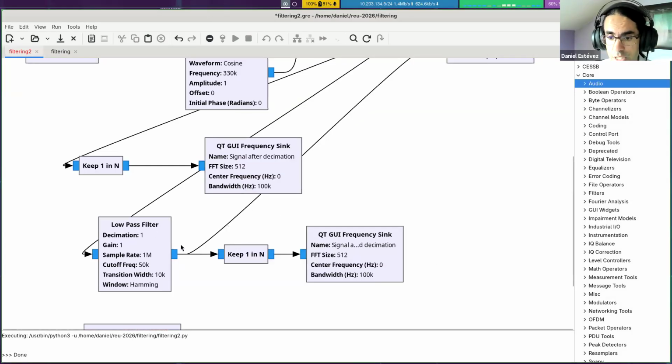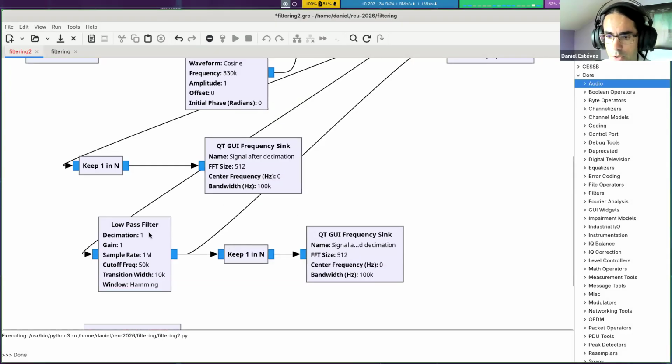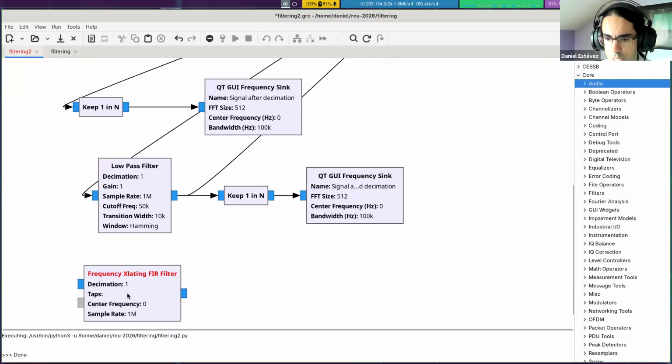It is just silly to compute 10 samples here to only keep 1 of them and discard the remaining 9. So that's the reason, besides practicality, that there is a decimation parameter in this low-pass filter. That is one of the signal processing tricks that also go into the frequency translating FIR filter.